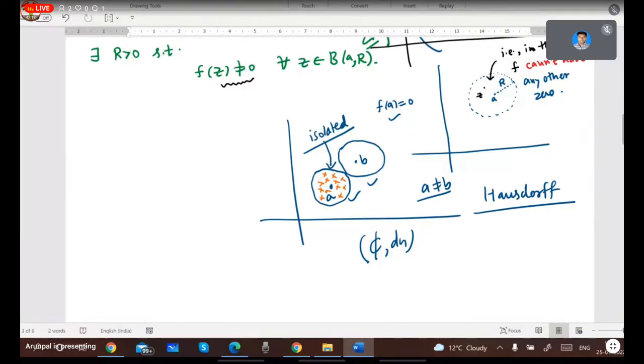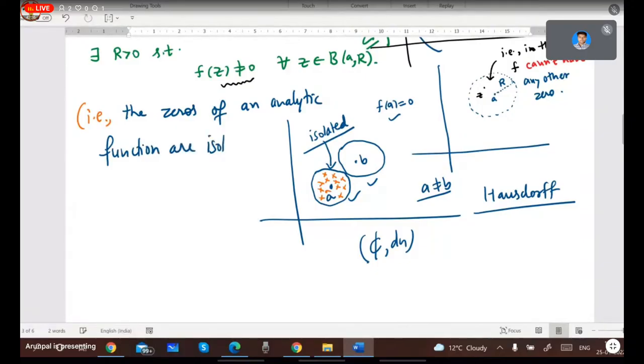So basically this result says that the zeros of an analytic function are isolated. If you have an analytic function, then there will always be some gap between its zeros. Is this okay, class? It's a very important result.